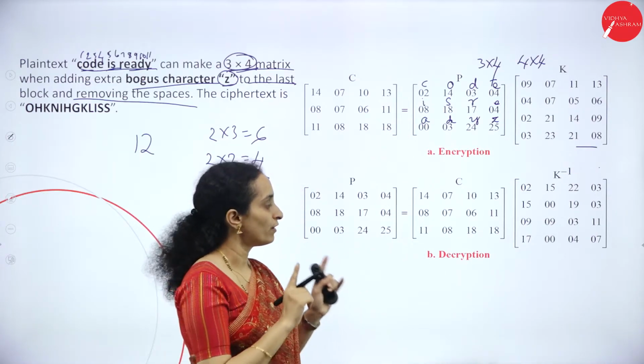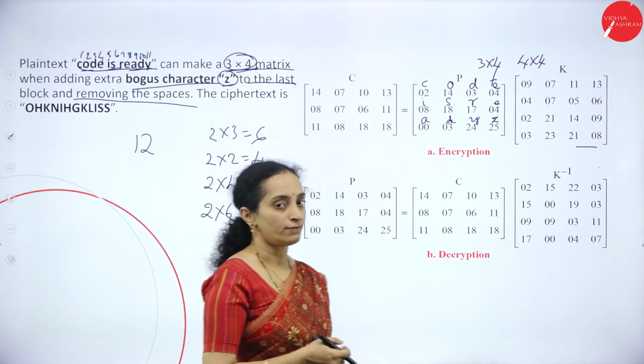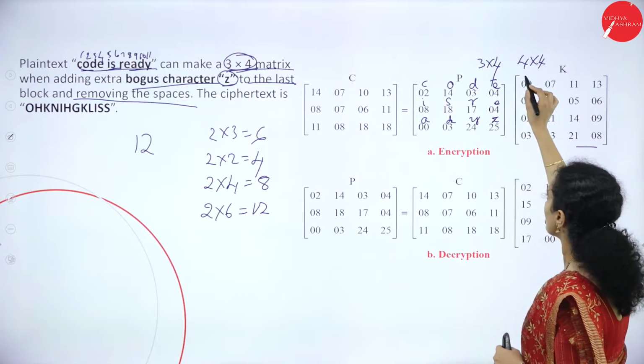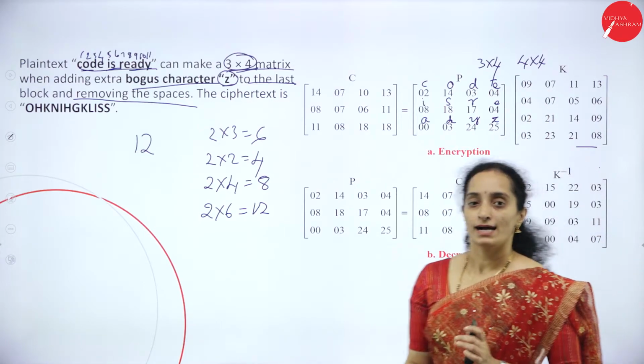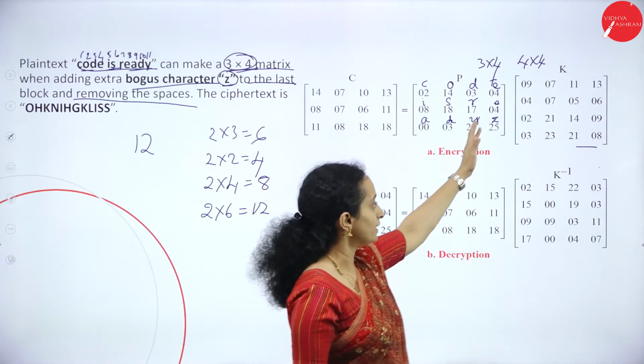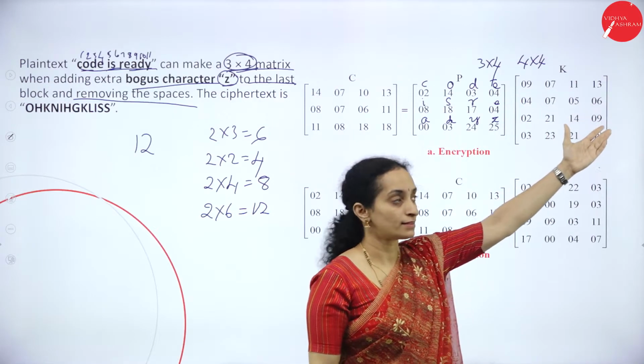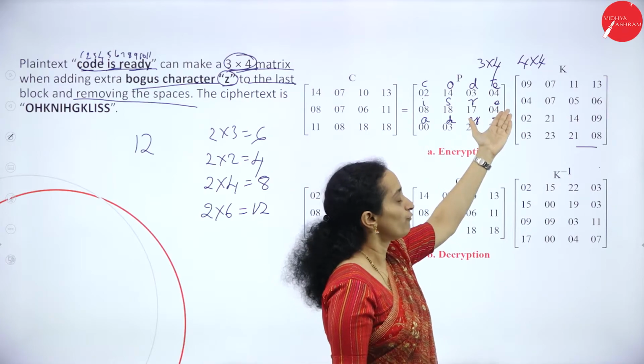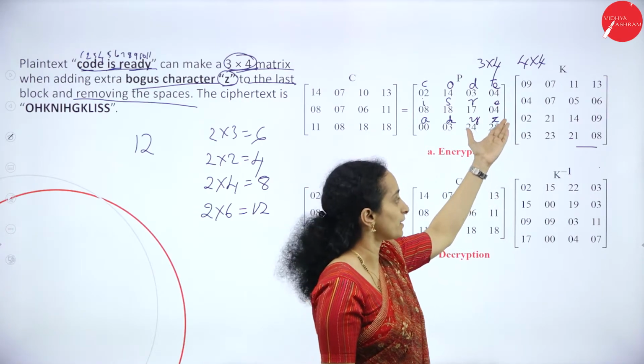Integer values in Z26 will be taken for the plain text, and for the key, you will be taking a set of keys 9, 7, 11, 13. Again, 13 doesn't have a multiplicative inverse. 4 doesn't have a multiplicative inverse.